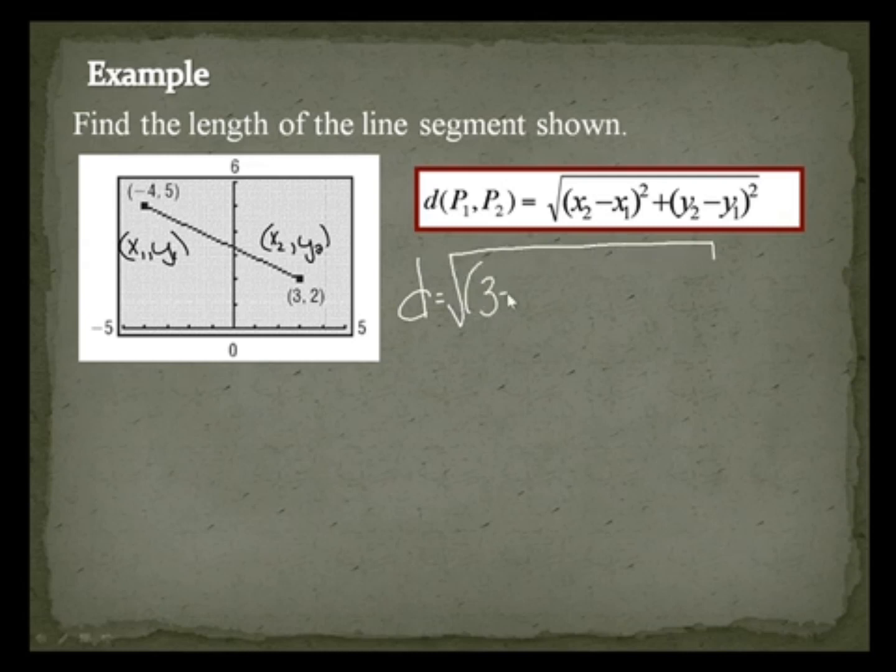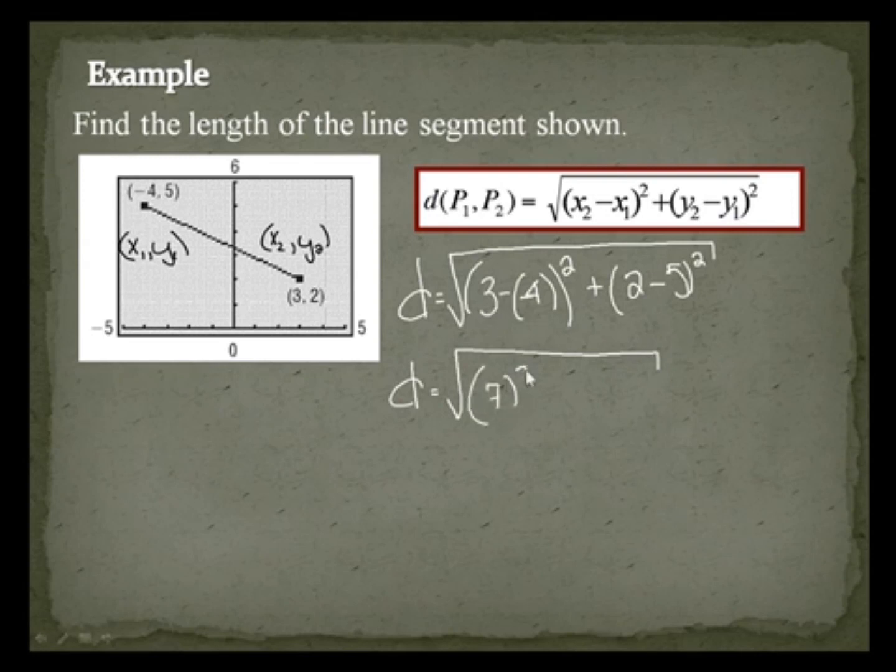x2 is 3 minus x1, which is negative 4, squared, plus y2 is 2 minus y1, which is 5, squared. 3 minus a negative 4 is 7 squared, plus 2 minus 5 is negative 3 squared. 7 squared is 49, plus negative 3 squared is 9.